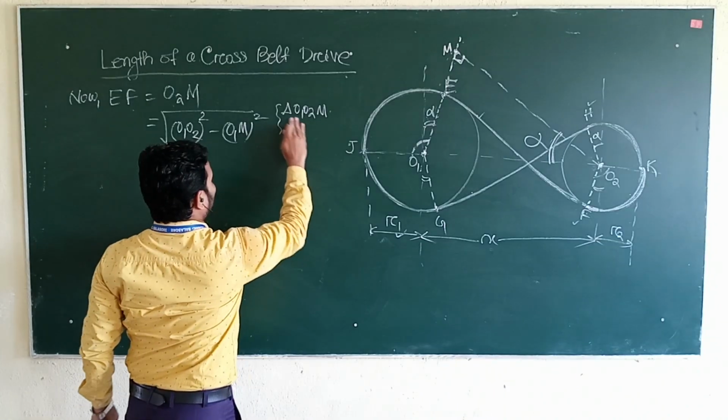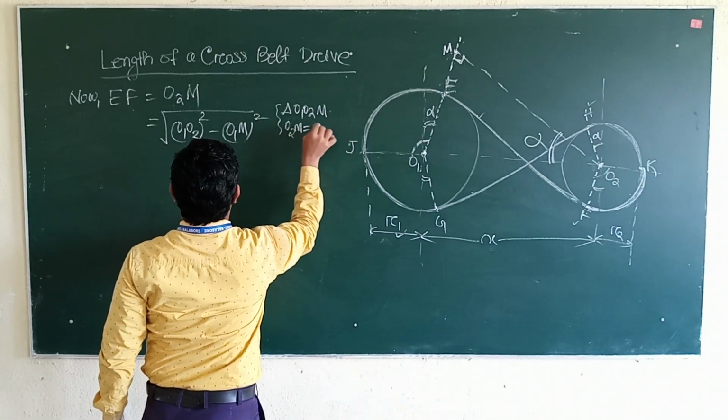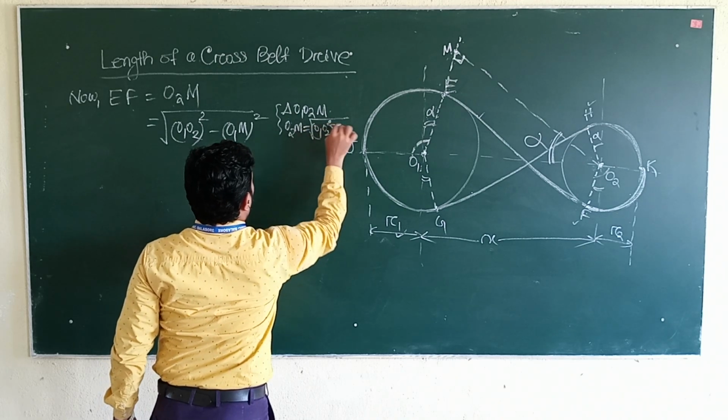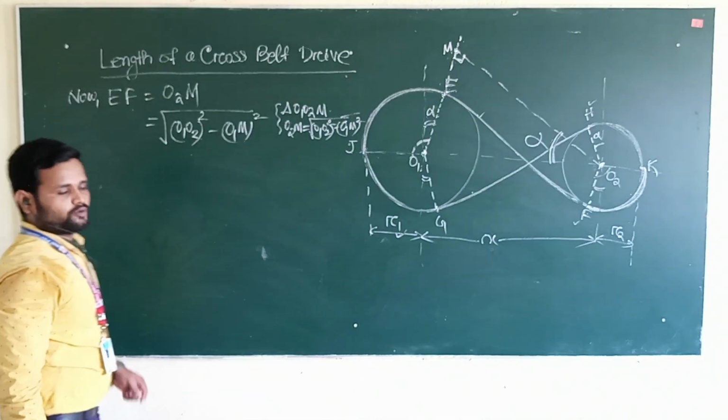Since in the right angle triangle O1O2M, we can write O2M equal to root over O1O2 square minus O1M square.